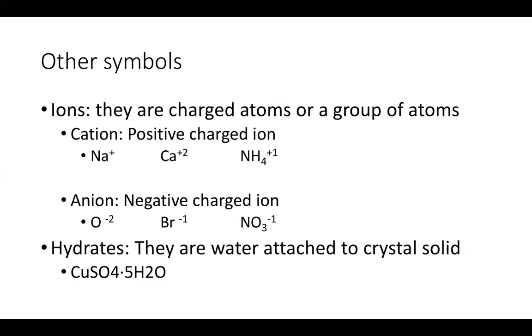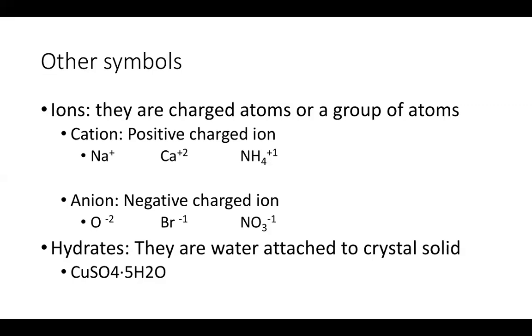Hydrates are basically water attached to a solid crystal. So these are like dehydration packs, a crystal that you put in to absorb moisture. These are the little packs, sometimes in food, that say do not eat. They are there to absorb the moisture so that the food is still crispy or dry.